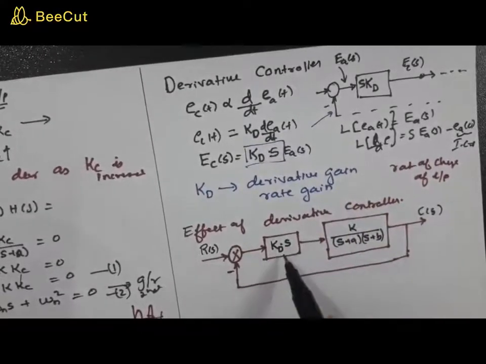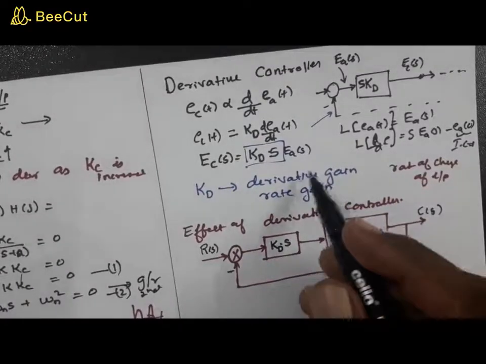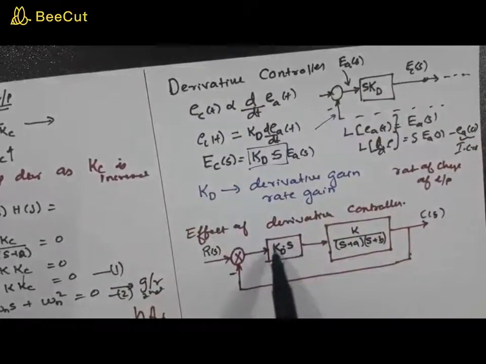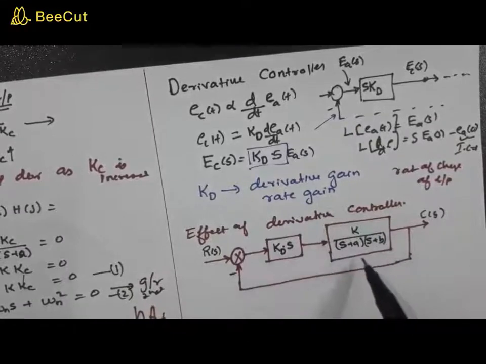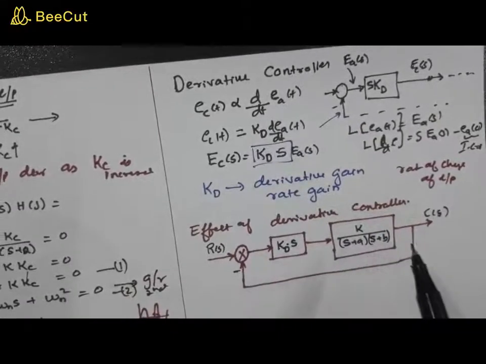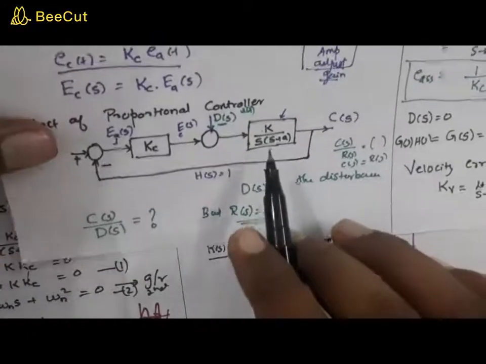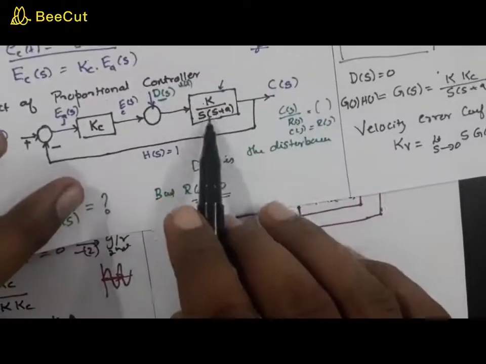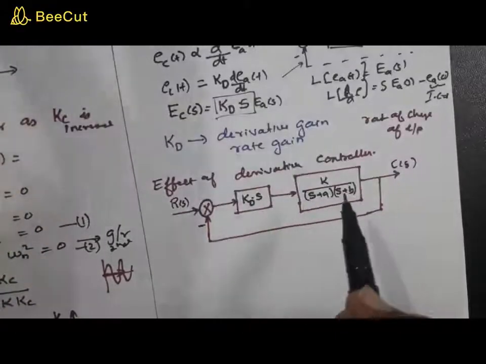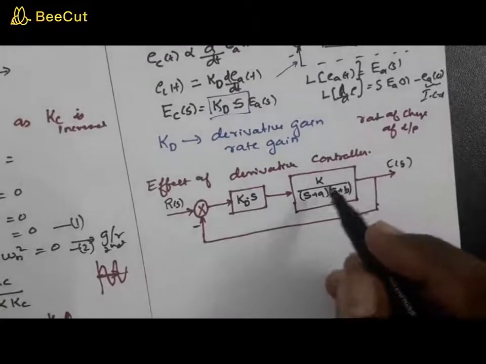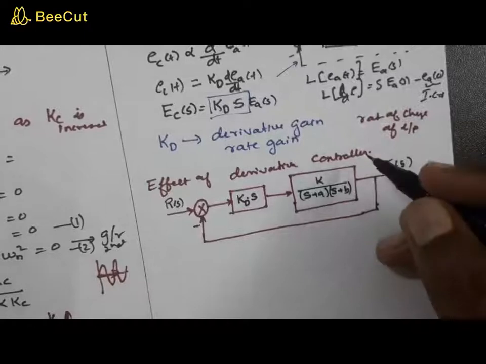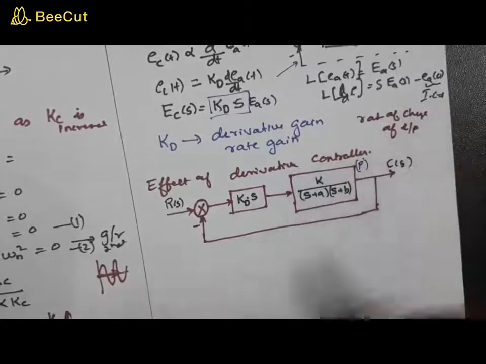You have a Kd into s block, which represents the transfer function of the derivative controller, and this is the transfer function of a process. Here we have considered a different process, K by s into (s plus a) into (s plus b). Again, in both cases they are second order systems. This is the process to be controlled, and this is the derivative controller.